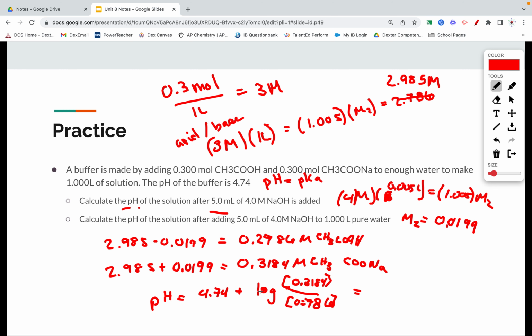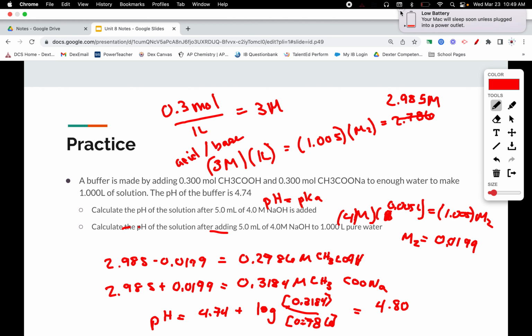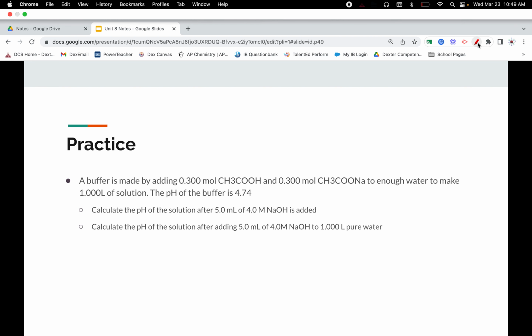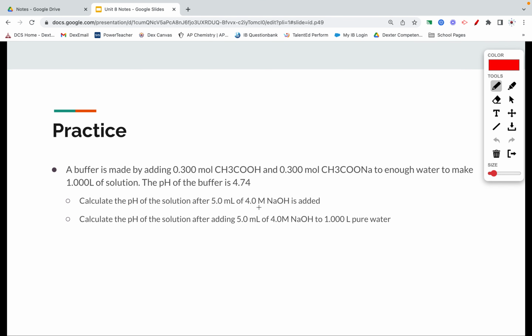We should expect it to increase because we're adding more base. When we do our math, we get 4.80. All right, so that's how to calculate with a buffer. Let's put the pH here, 4.80.